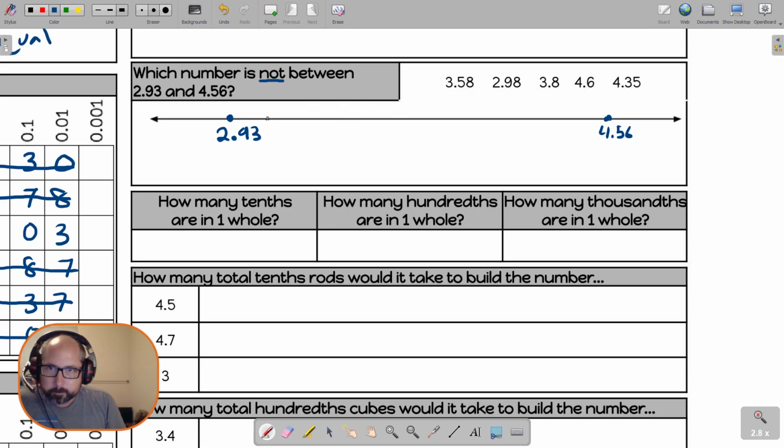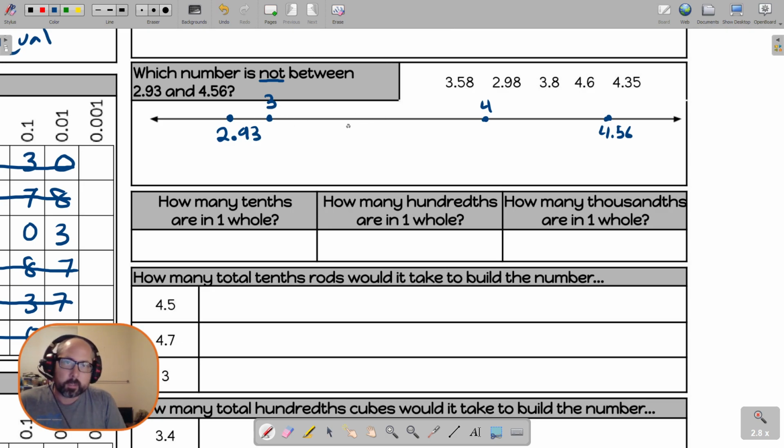So right here, I'm just estimating. I'm going to write the number 3 right there, because 3 should be pretty close to 2.93. 2 and 93/100 is very close to 3. And then I'm going to put a 4 right here. Just kind of estimate. It does not have to be perfect. I don't have a perfect scale on this number line. That's okay. This is just helping me organize my thinking.